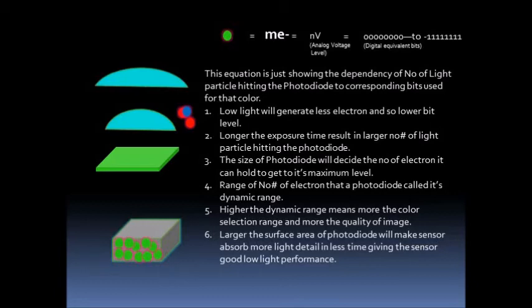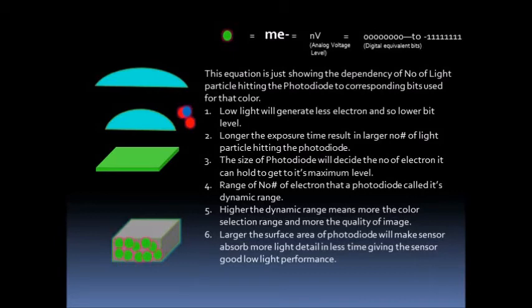Having a smaller pixel means it can hold a smaller number of electrons, right, and it will just get full for a limited number of electrons, or you can say a limited time of exposure. But if we have a larger pixel, it will allow the light to hit for a longer time, and that's what in technical terms of camera is called the dynamic range of an image sensor.